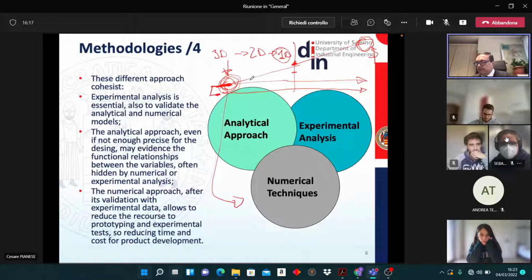So if you move toward the experimental analysis, on the right side, you increase the cost of the equipment. But you have another problem, because, for example, flexibility could go down.